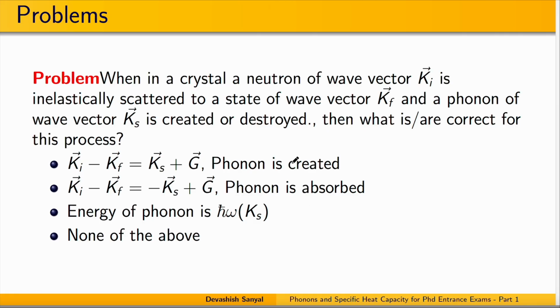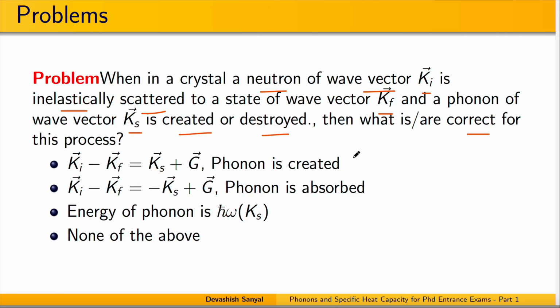We go to the next question. When in a crystal a neutron of wave vector Ki is inelastically scattered to a wave vector Kf, and a phonon of wave vector Ks is created or destroyed, which of the options is or are correct?